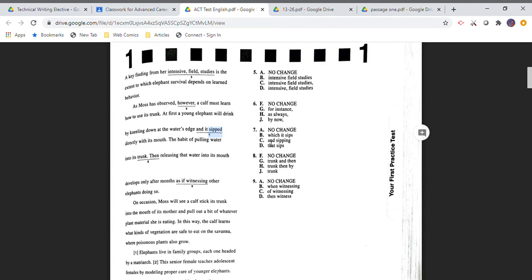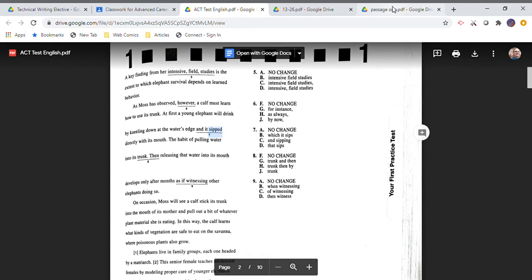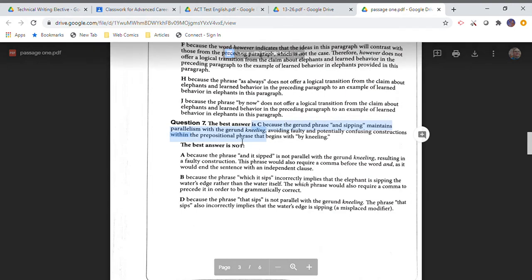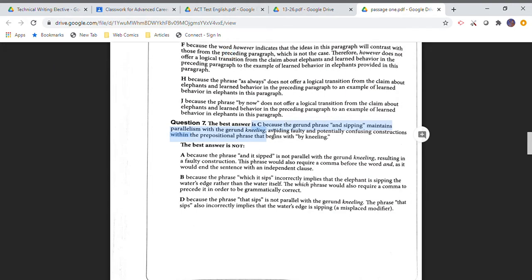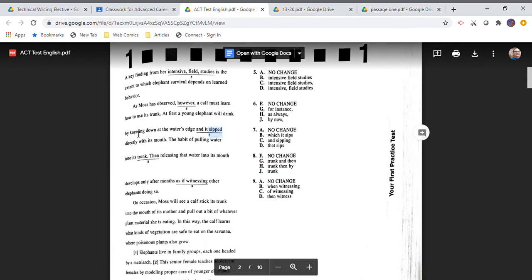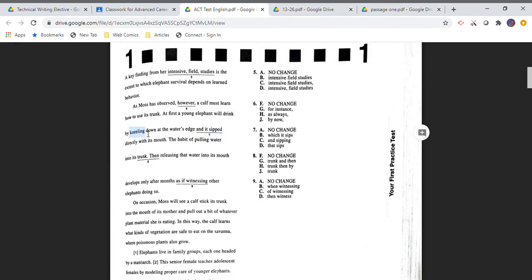So number 7 should be C. Yes, it is C. Maintains parallelism with the gerund kneeling, avoiding faulty and potentially confusing constructions within the prepositional phrase that begins with by kneeling. Right. So, yeah, parallelism, meaning the construction is parallel, meaning they're next to each other, they're similar.